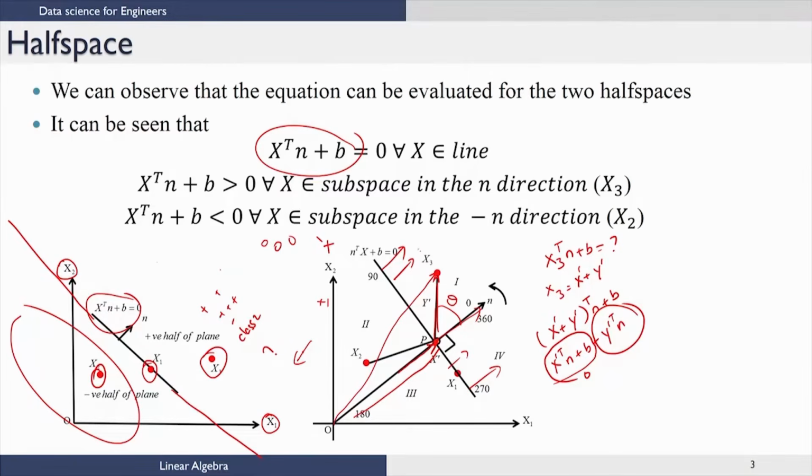So, you take any point, this side or this side. So, the angle between the normal and that point is going to be the following.